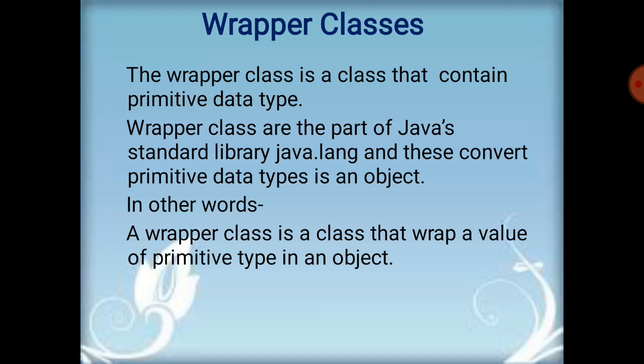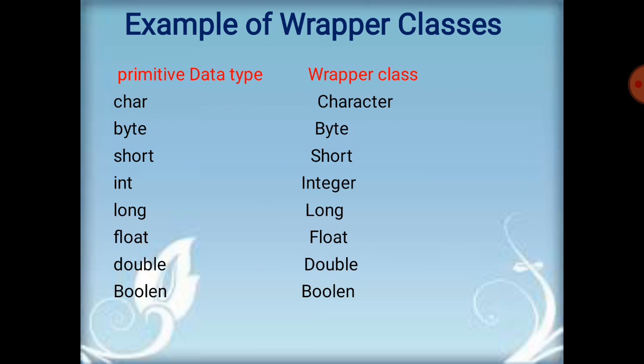Some examples of wrapper classes are: the primitive data type is char and its wrapper class is Character, starting with a capital letter C. The primitive data types are all in lowercase, and the wrapper class name's first letter always starts with a capital. For byte, the wrapper class is Byte, where B is capital.